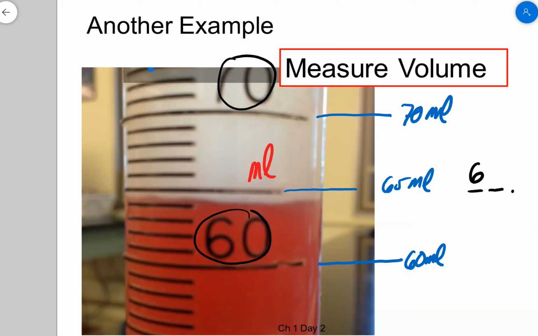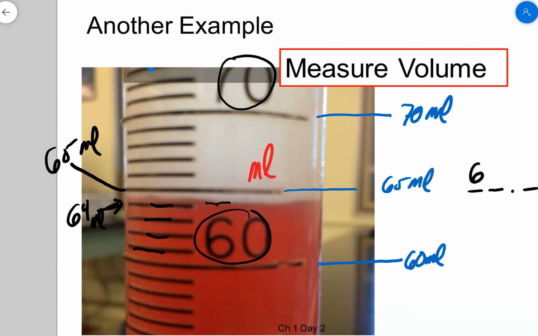And then how far do we go? I don't know. Let's find out. I'm certain that this water level is above 60 and below 70. Then I see that there are these smaller tick marks, and those are the ones column. And so I see that this is 64 and that's 65 ml.